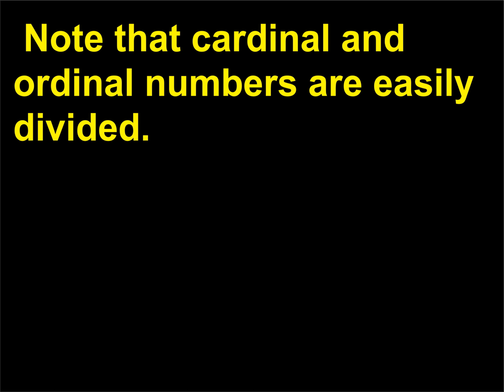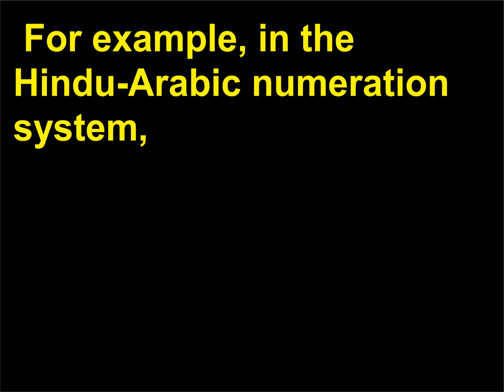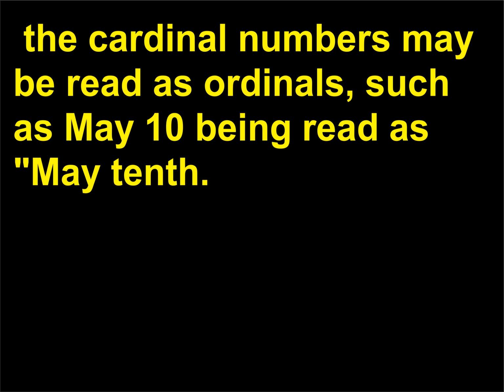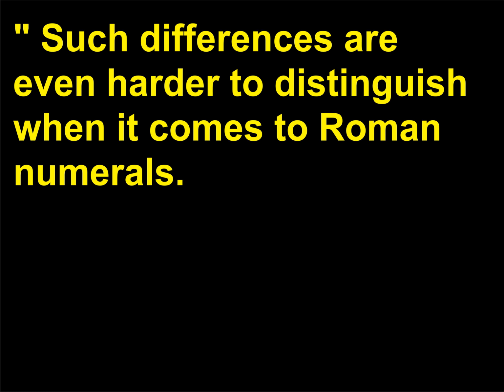Note that cardinal and ordinal numbers are not easily divided. For example, in the Hindu-Arabic numeration system, the cardinal numbers may be read as ordinals, such as May 10 being read as May 10th. Such differences are even harder to distinguish when it comes to Roman numerals.